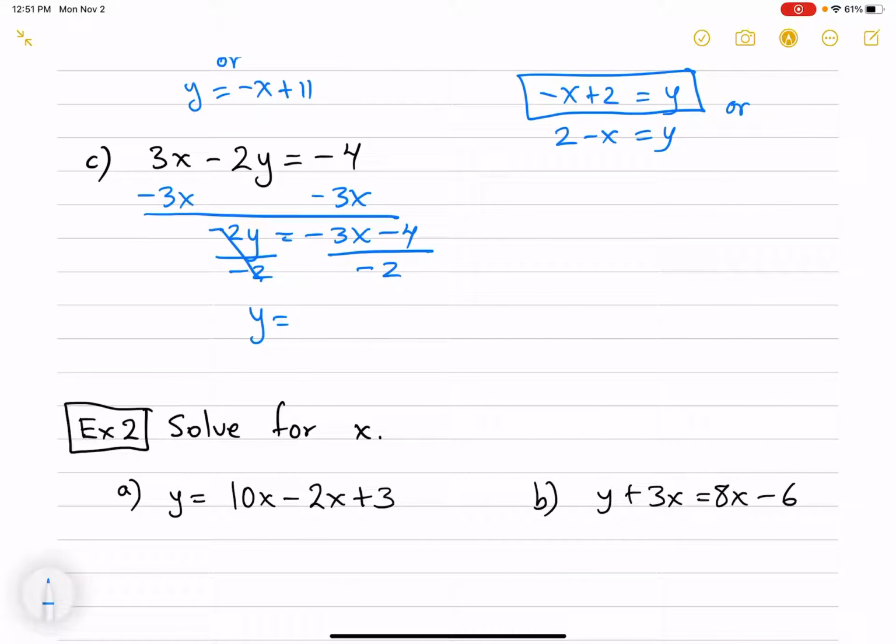It does divide the 4, but it's perfectly okay to leave the answer like this. But if you decide to divide, you could do this. A negative divided by a negative on the 3 and the 2 is going to be a positive 3 over 2x. And negative 4 divided by negative 2 makes positive 2. So you can leave the answers either this way or that way.